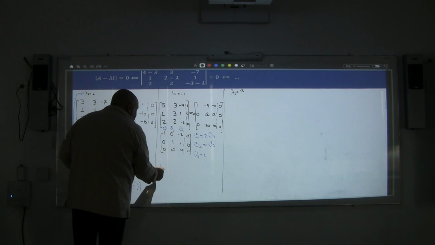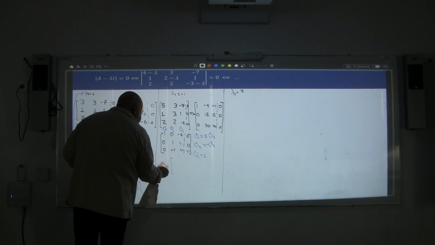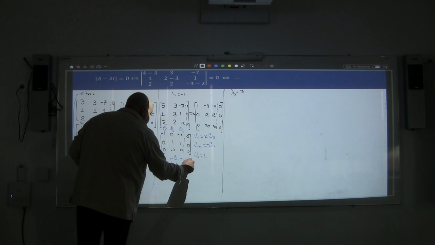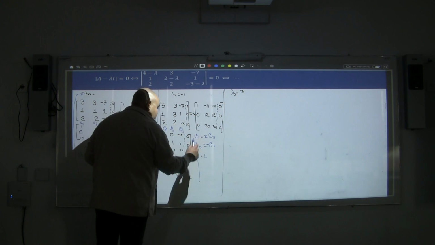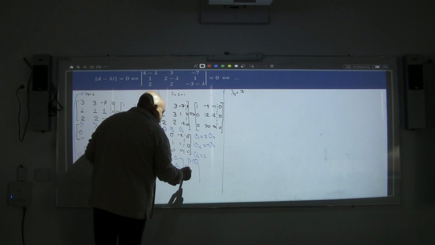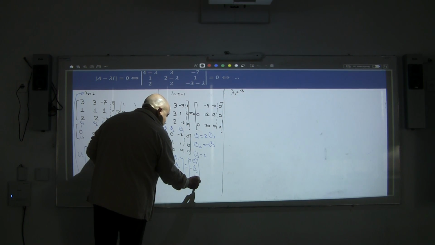So I can say that u2 consists of u2 sub 1, u2 sub 2, and u2 sub 3. And then I will start making these substitutions. Instead of u2 1, I will have 2 of u2 3. u2 2 will be negative u2 3.